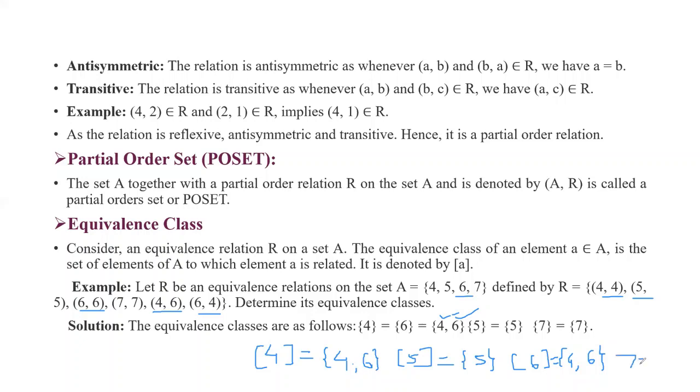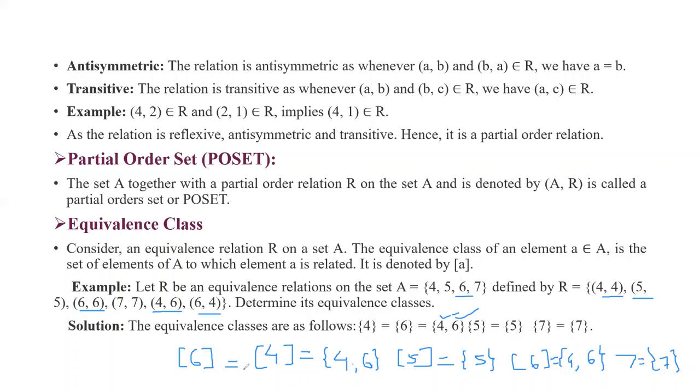So here this 4 and 6 contain the same elements, so we can say that the class of 4 is equal to the class of 6 also, with the same elements 4, 6. So this is an equivalence class.